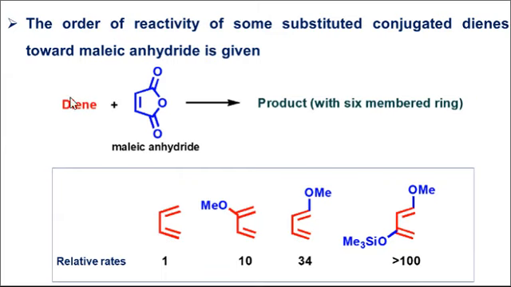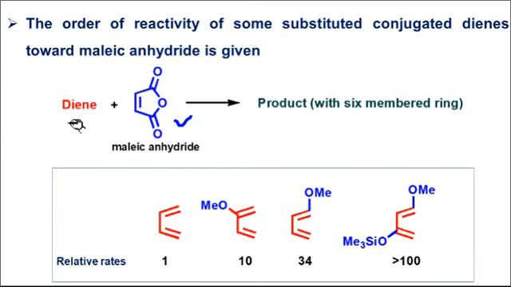As shown in this slide, we have taken 4 different dienes and reacted them with a simple dienophile, maleic anhydride, at 30 degrees Celsius, and the reactivity of these dienes with respect to the dienophile is listed here.